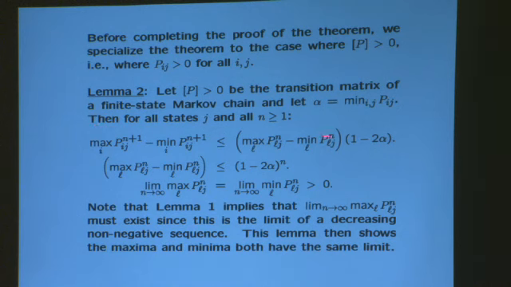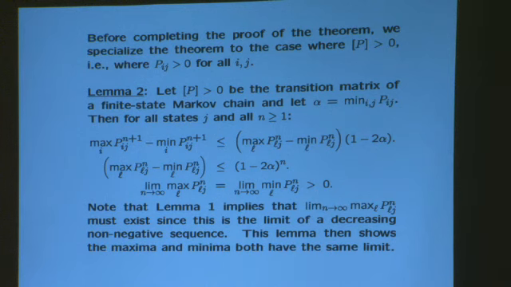Once we have this, we can iterate on n to get the second term. For this term, the most probable path to state j in n steps minus the least probable path to state j in n steps is equal to exactly the same thing in n minus 1 steps times 1 minus 2 alpha.